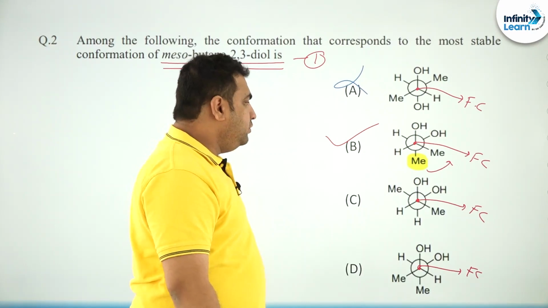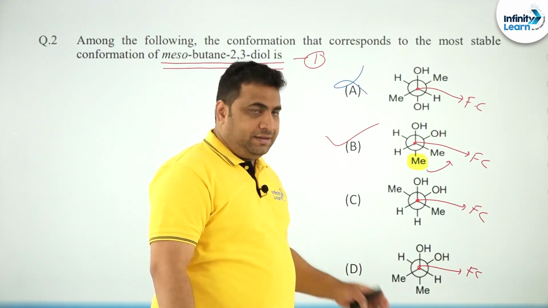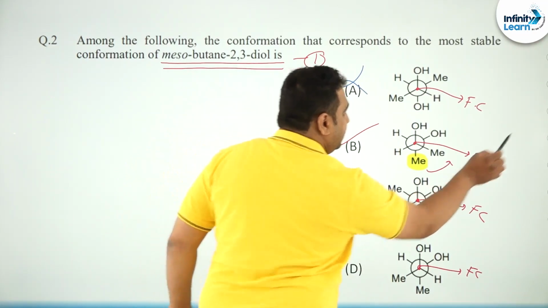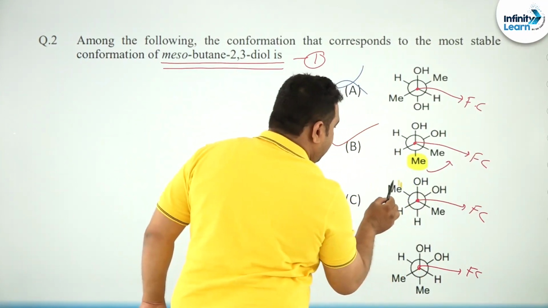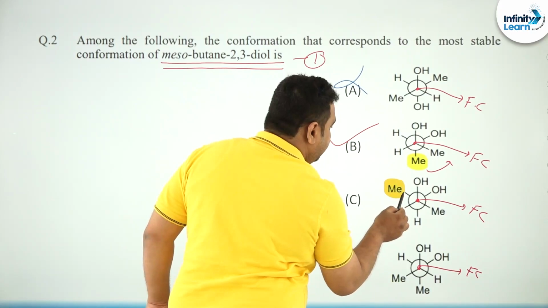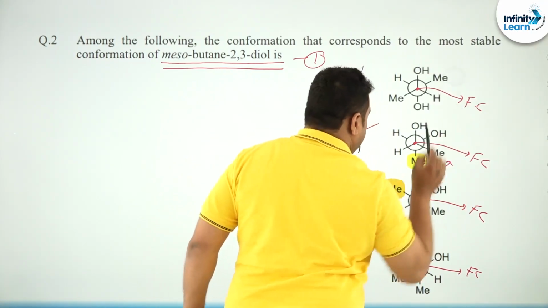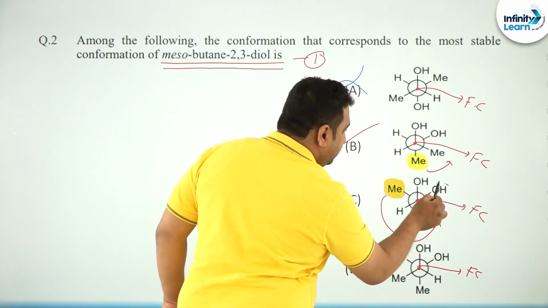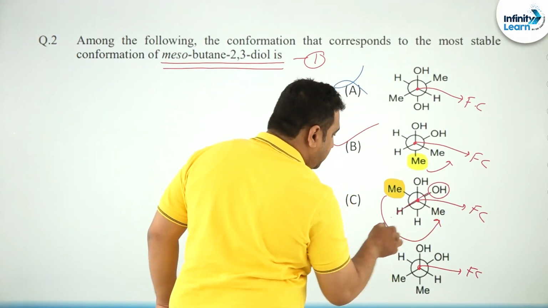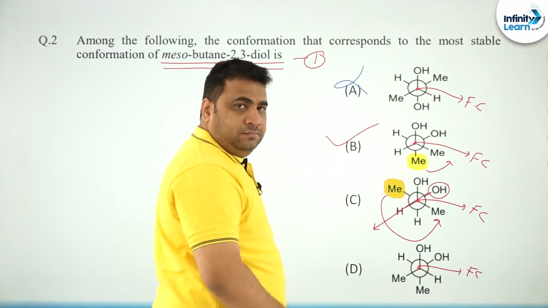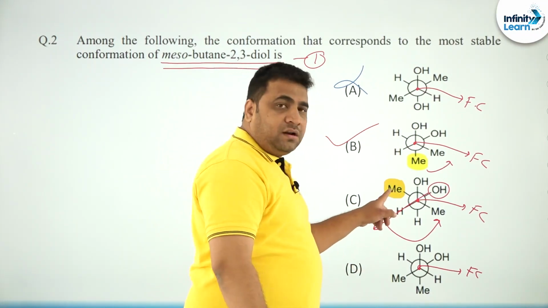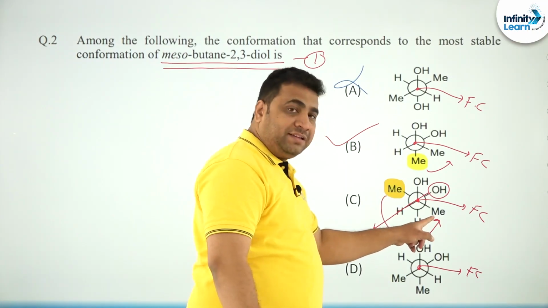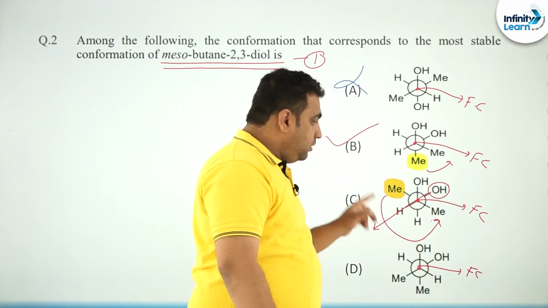Now, I should also prove why the other cannot be the answer. Actually it is not required, but some may still feel, why is sir not selecting the other one. If you try to bring this methyl to this position, then this OH will come to exactly the opposite position, correct. So if you rotate the C-C bond and this methyl comes to the backside of that methyl, then OH comes opposite of it.